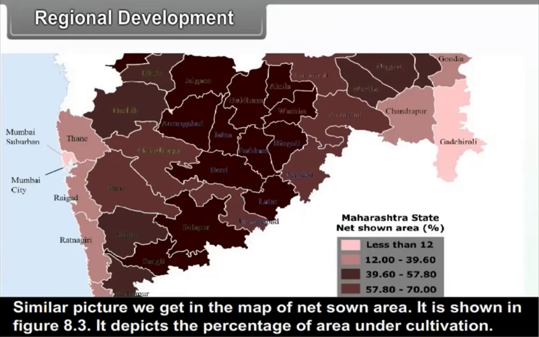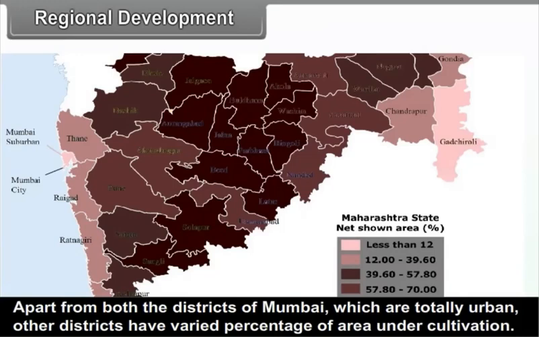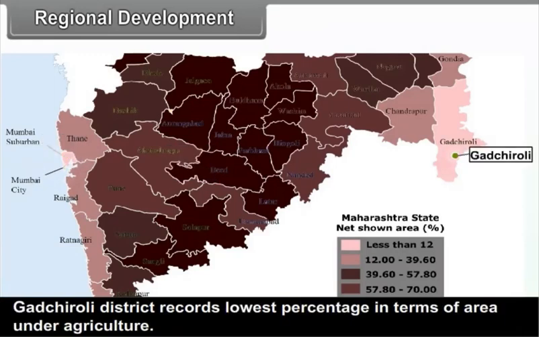Similar picture we get in the map of net sown area. It is shown in figure 8.3. It depicts the percentage of area under cultivation. Apart from both the districts of Mumbai, which are totally urban, other districts have varied percentage of area under cultivation.